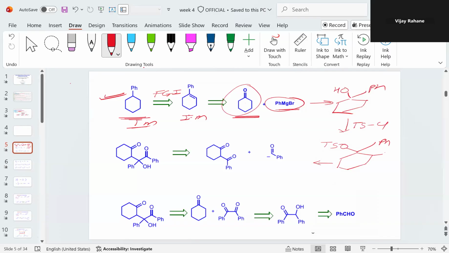And further, on addition of the base, here there are the protons, so it can give the E2 elimination, right?